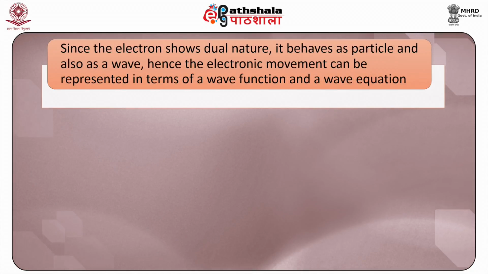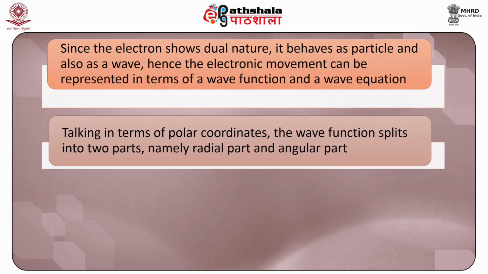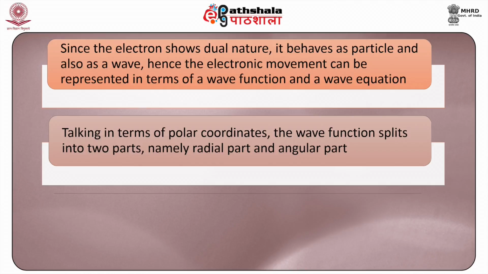Since the electron shows dual nature, it behaves as a particle and also as a wave. Hence, the electronic movement can be represented in terms of a wave function and a wave equation. In terms of polar coordinates, the wave function splits into two parts, namely the radial part and the angular part.